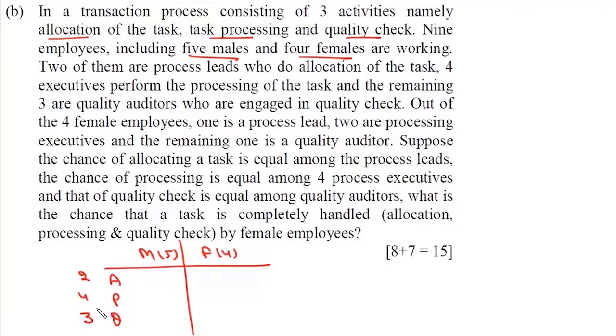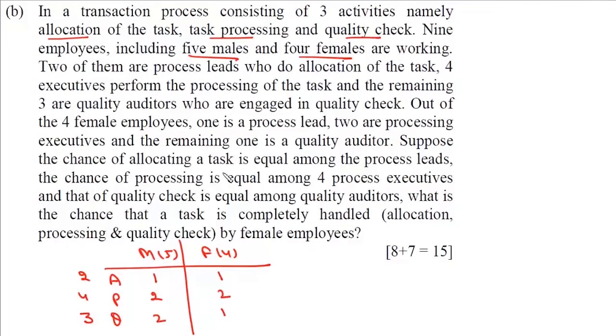Now out of the 4 female employees, 1 is a process lead. So we have 1 male process lead and 1 female process lead. 2 are processing executives. So we'll have 2 and 2 here, and then the remaining 1 is a quality auditor. So one of the female is a quality auditor, whereas we have 2 male quality auditors.